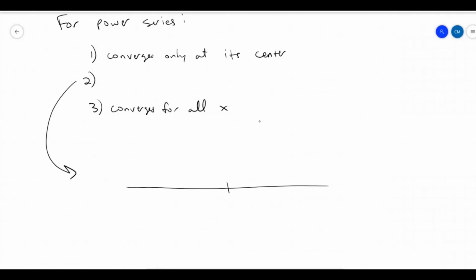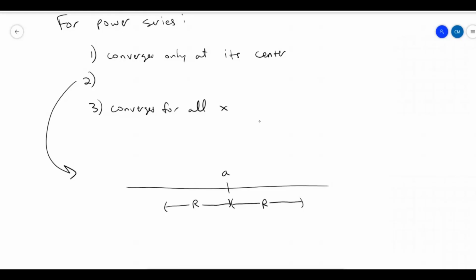You have the center, right? Here's the center of the power series. What they mean by that is it could potentially converge some distance away from the center. But if it does this, the nice thing is that we know whatever it does, it's going to do that the same distance to the left as it does to the right, okay? Which is kind of nice.